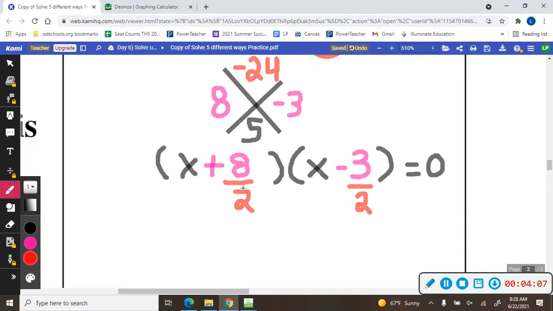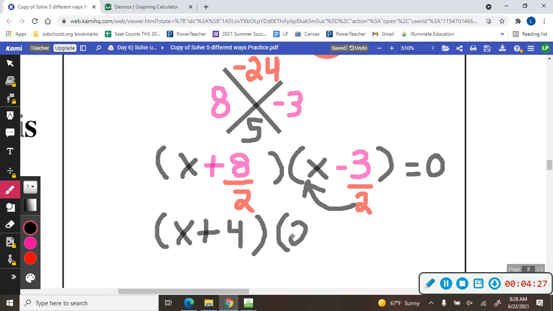Now if it reduces, like 8 divided by 2 is 4, you just change it to 4. If it does not reduce, like 3/2 does not reduce, you slide the 2 to the front. And you get 2x minus 3 is 0.